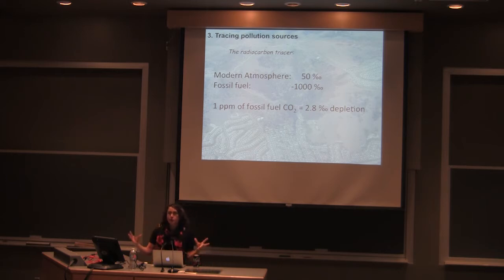That's such a huge difference that it's so easy to find fossil fuel CO2 wherever you're looking: the atmosphere, a plant, an animal. You can always see it because you can actually resolve 1 ppm, which is not very much, of fossil fuel CO2 pollution, because a 2.8 per mil depletion is resolvable with an accelerator mass spectrometer. And that's why we love it so.